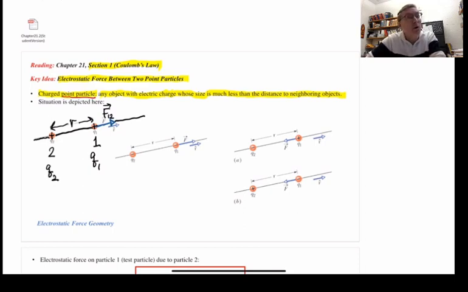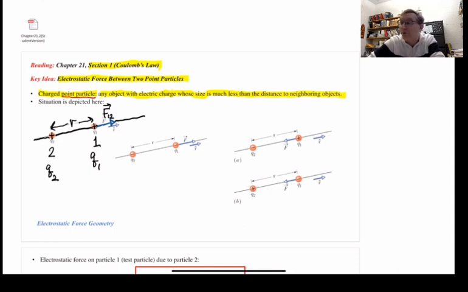If there's a force on 1 due to 2, there's a force on 2 due to 1. How do you think those two forces compare or relate to each other? Force on 1 due to 2, which I've drawn, and then force on 2 due to 1, which I haven't drawn. Did you say they're equal and opposite? And do you know the reason? Did you say Newton's third law?